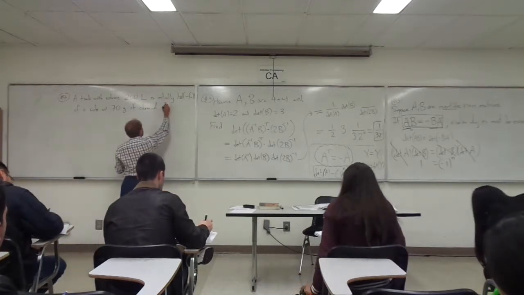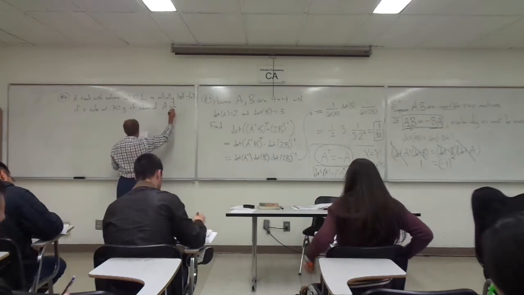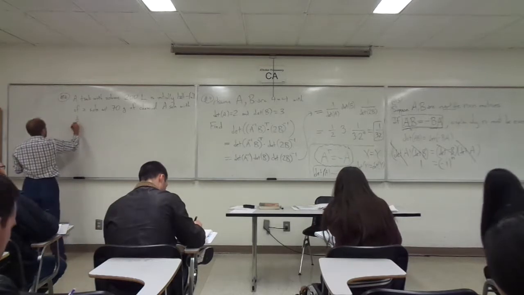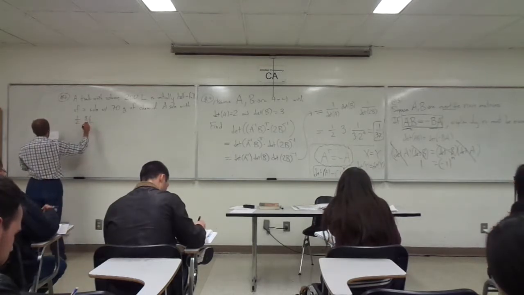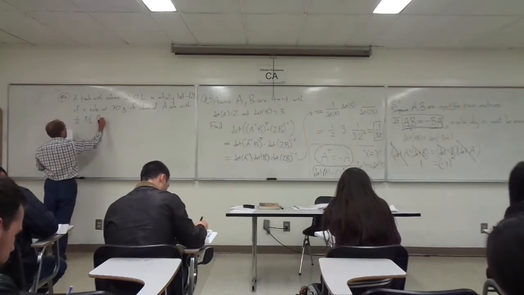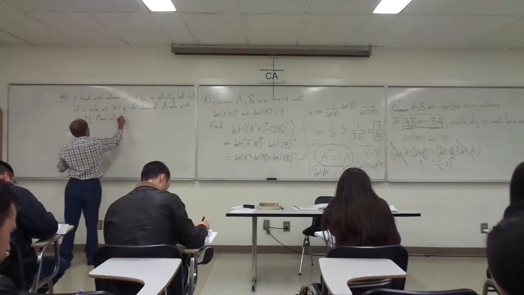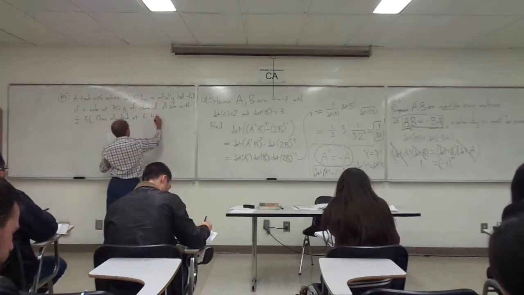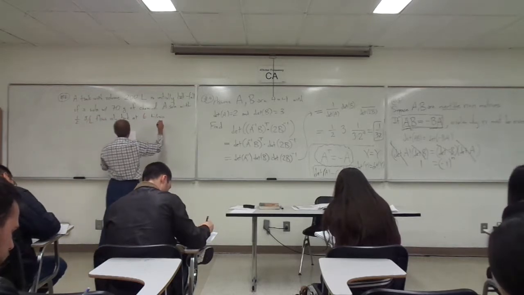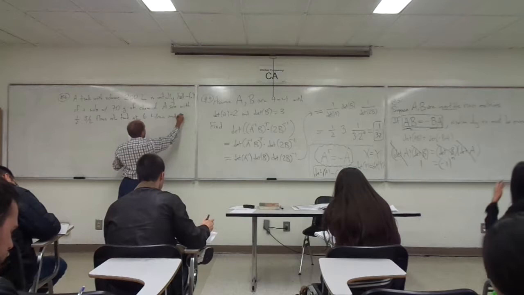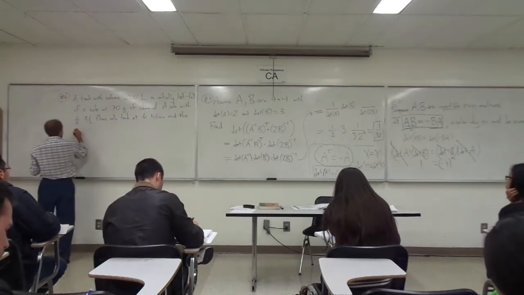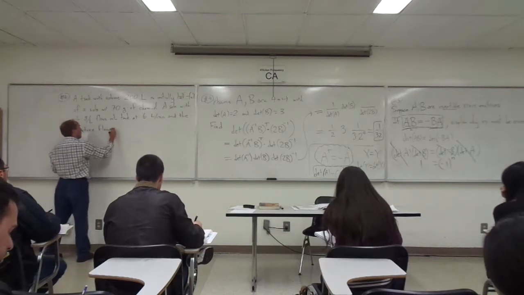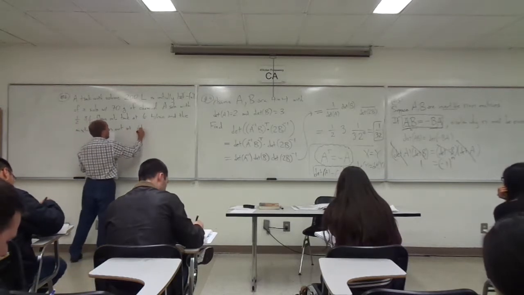So then a solution with 1/2 gram per liter flows into the tank at 6 liters per minute, and the mixture flows out at 4 liters per minute.